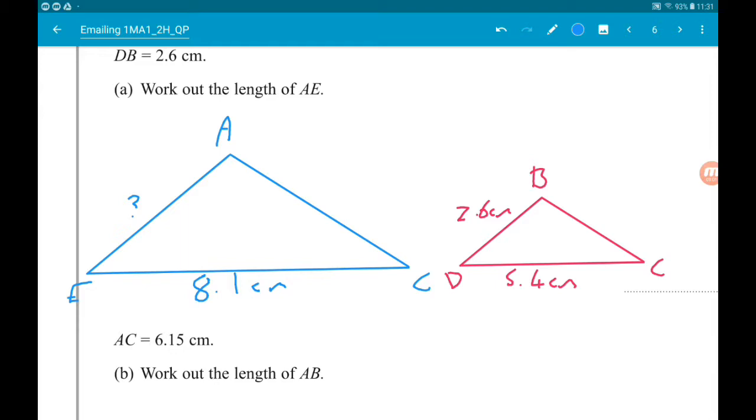Now to find the scale factor, you do the length of the big shape divided by the corresponding length of the small one.